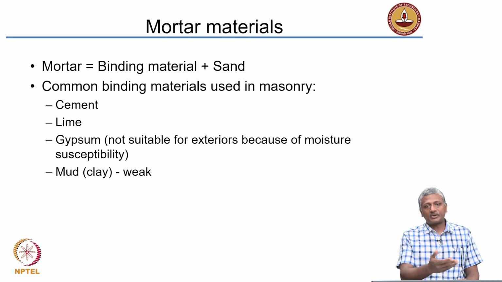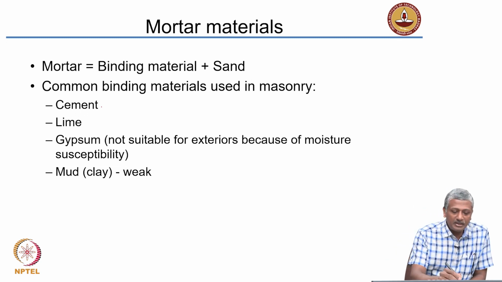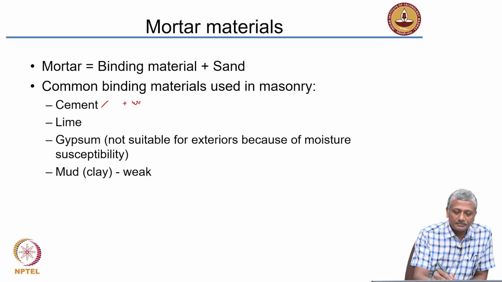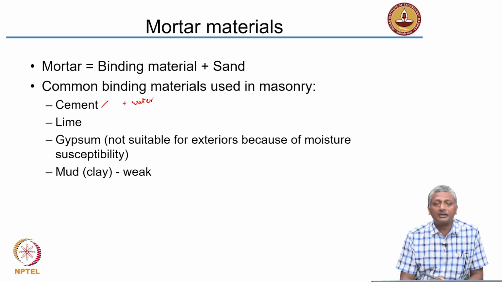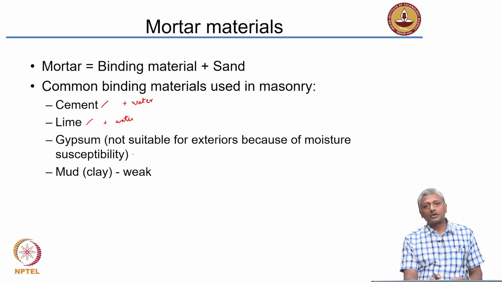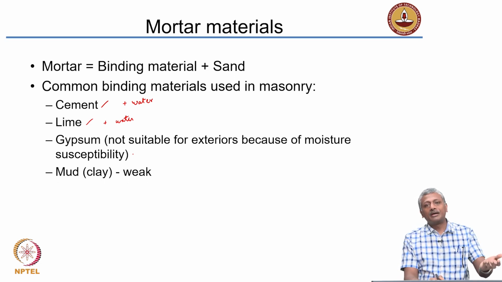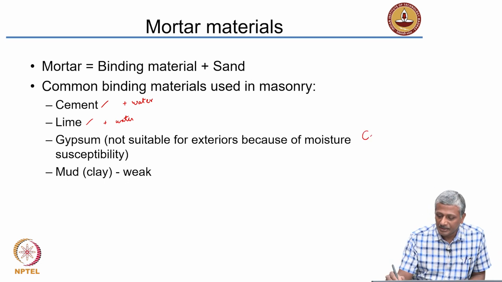But in most cases for construction, the mortar binding material typically consists of cement. Of course, you need to mix with water to make it into a binding material. You have lime, again mixed with water. Then you have gypsum. Okay. Now, gypsum itself is not used in the form of gypsum itself, but it's used in the form of anhydrite or hemihydrate, because you know gypsum is calcium sulfate dihydrate.